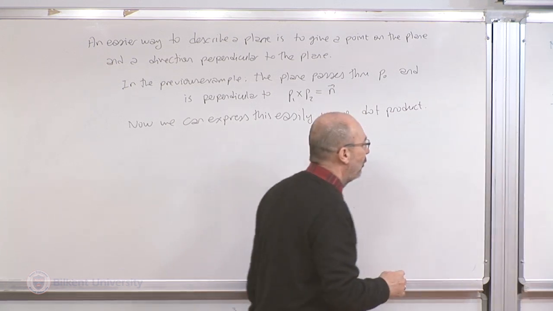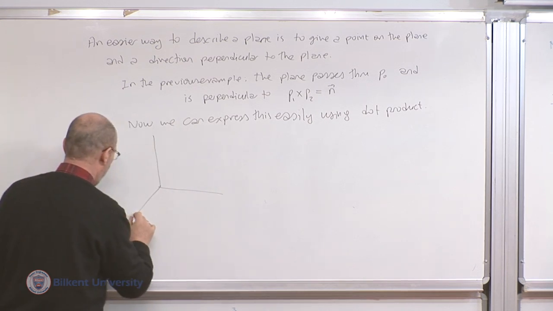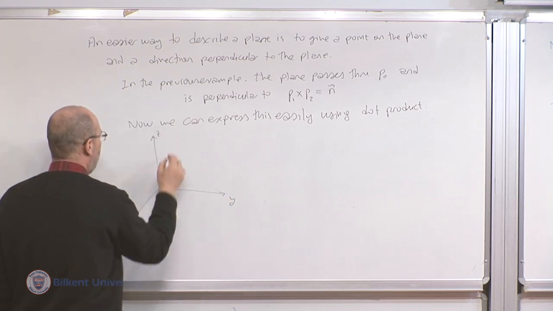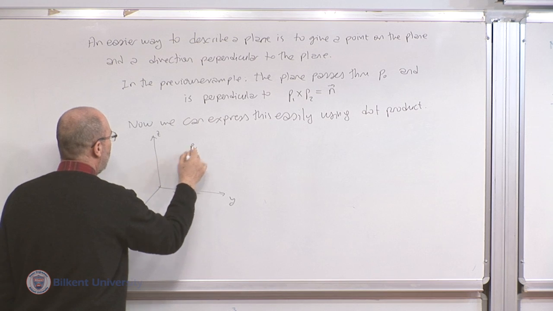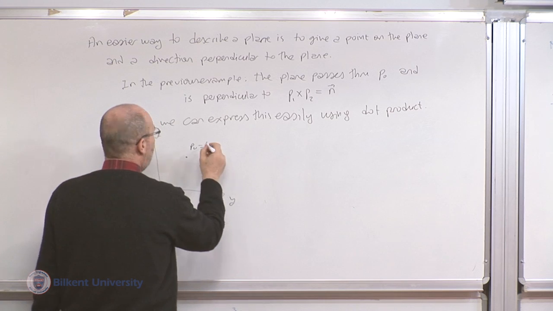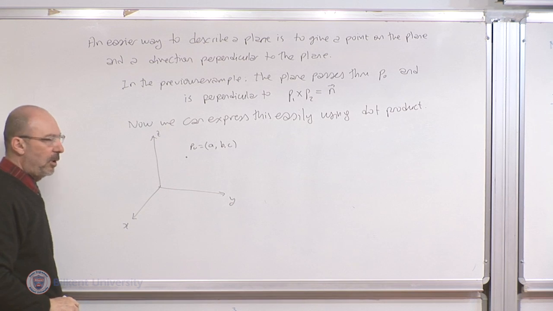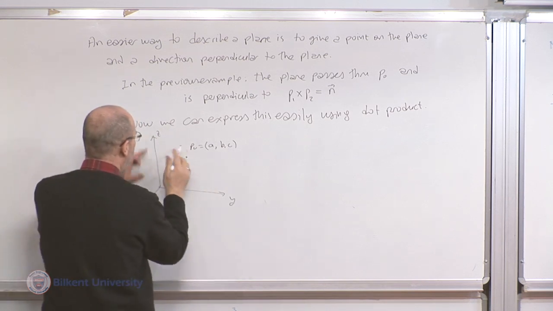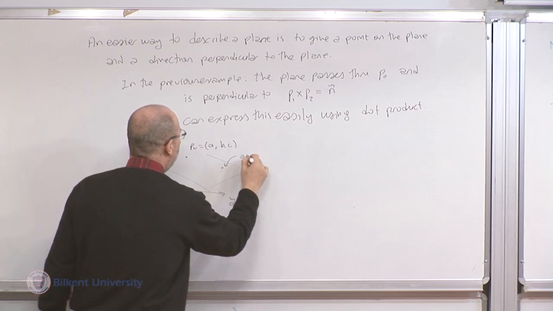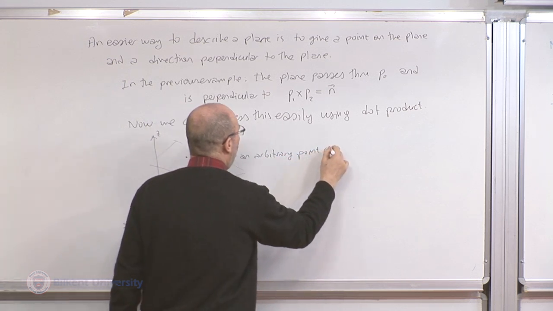Okay, so we have a point, x, y, z. So we have a point here, P sub 0. Its coordinates are, let me give some numbers here, say a, b, c. An arbitrary point on the plane, the plane is going to be something like this. And this is an arbitrary point on the plane.